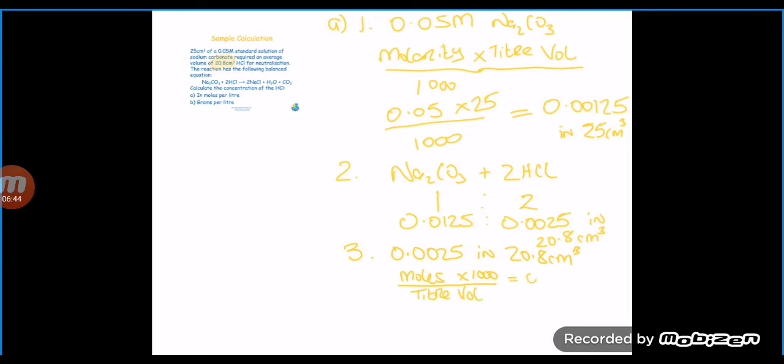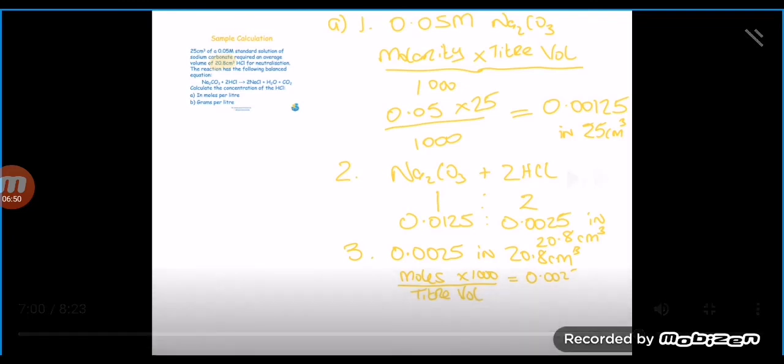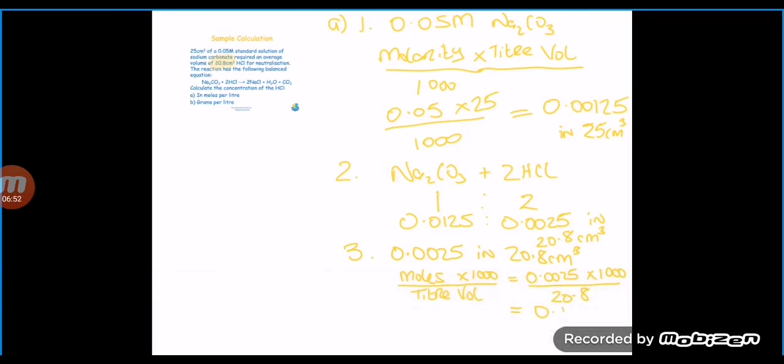So I know that I have 0.0025 moles, I multiply by 1000 and divide by 20.8, and that gives 0.12 moles per litre. So that is my final answer for part A, and I've approached it using first principles.